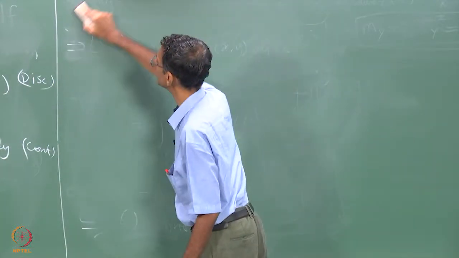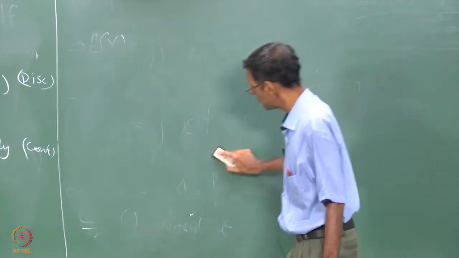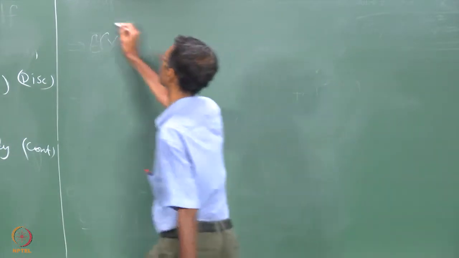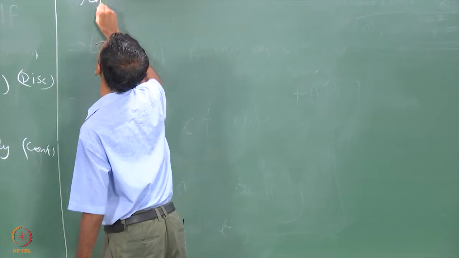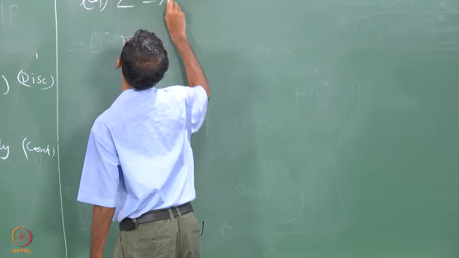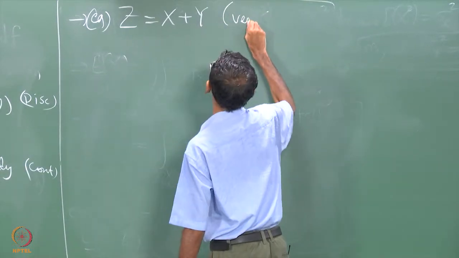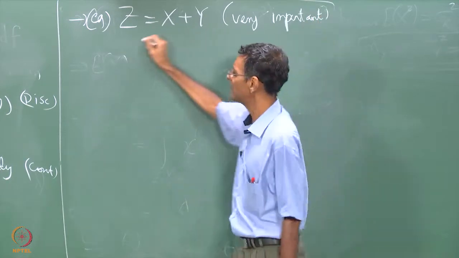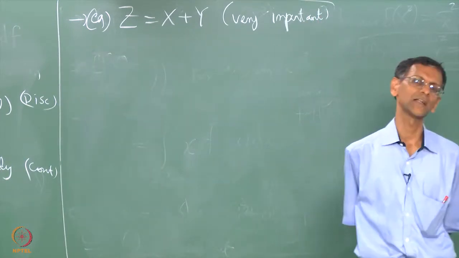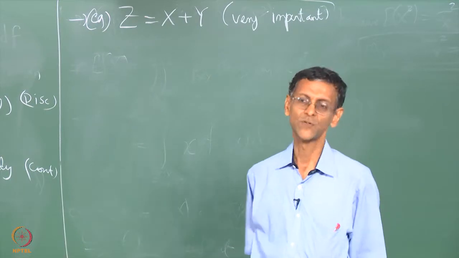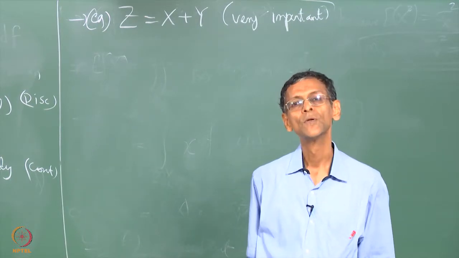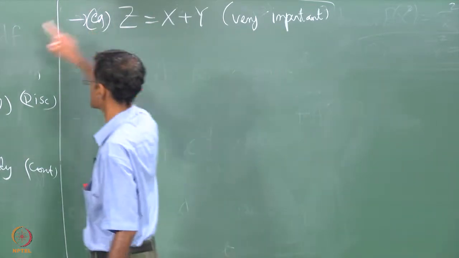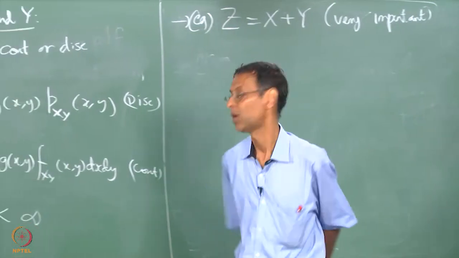The most useful example, or among the most useful examples, of g of x, y is x plus y always, right? This is extremely important, because this is a kind of linearity of the E operator that we did not encounter in the first version, which is with the single random variable. So what happens if I substitute x plus y here or here?